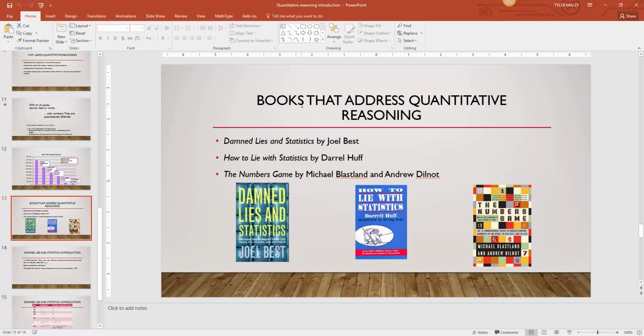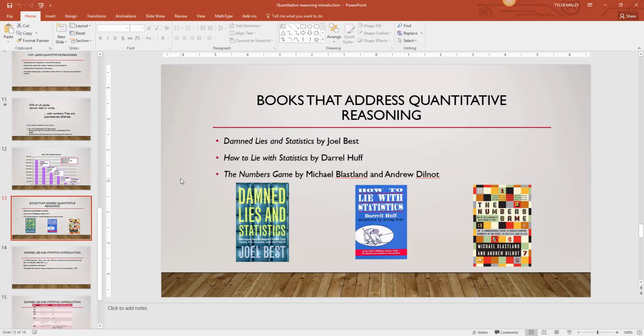These are some really easy read books. They're all fairly cheap. They're all written by a non-mathematician, so they're written for the general public. It's not too scientific, but the mathematical content knowledge is still good. They're really thin, easy reads. So I would definitely check these out.